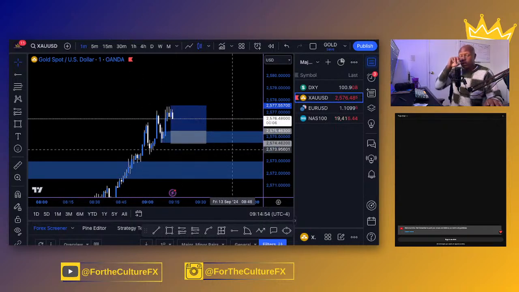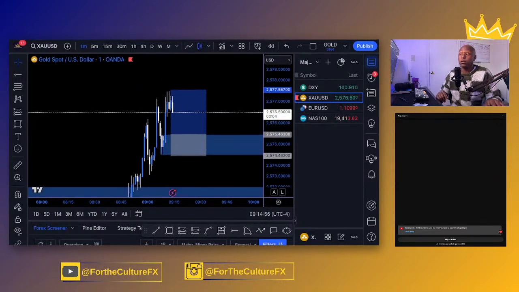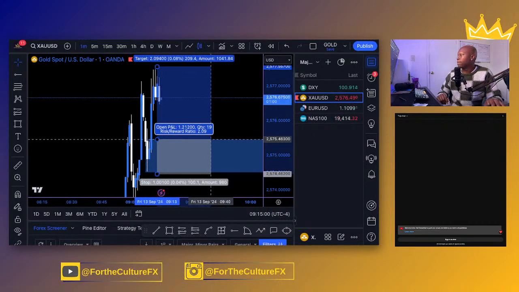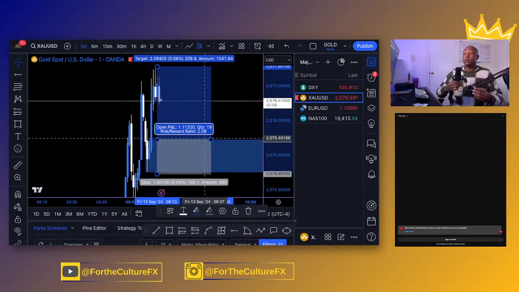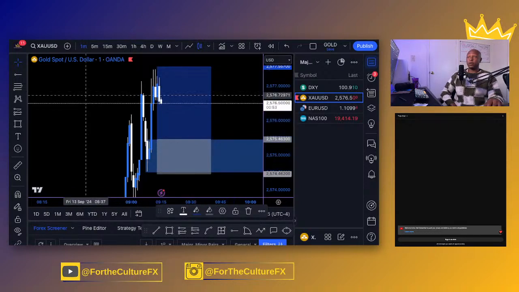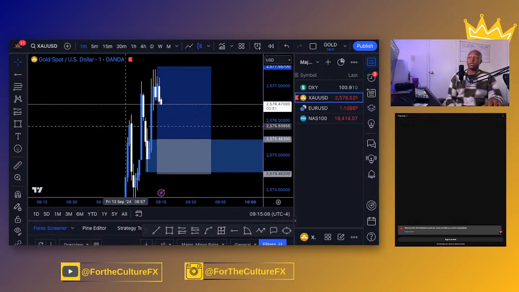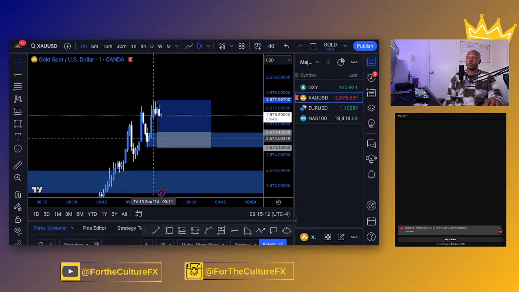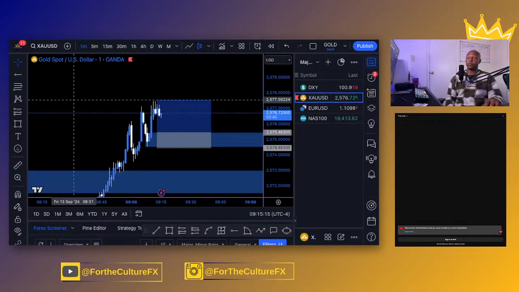So looking for about a 1 to 2 risk to reward on the trade. So all that's left for me to do now is to wait for price to come to this area and see if we can't get a bullish reaction off of this area, or once tapping into this zone.